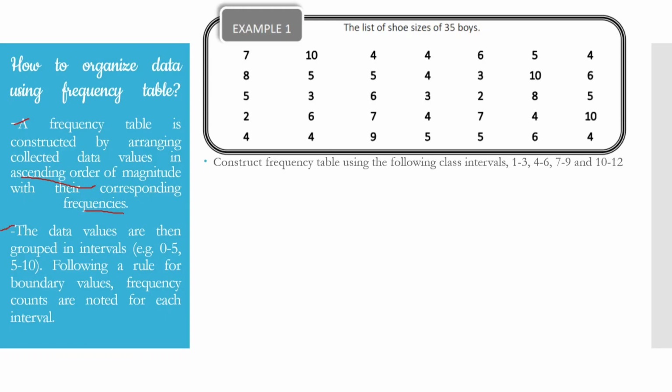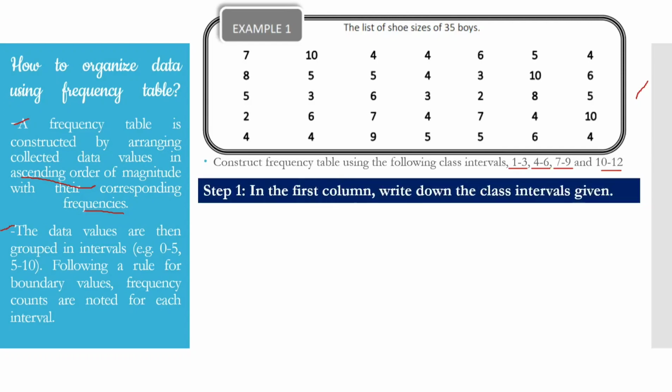Following a rule for boundary values, frequency counts are noted for each interval. In this example, the intervals are 1 to 3, 4 to 6, 7 to 9, and 10 to 12. So let us try to construct a frequency table using this data.